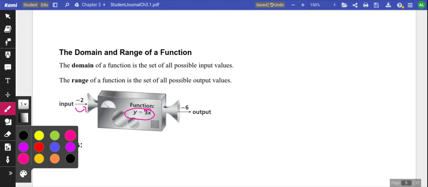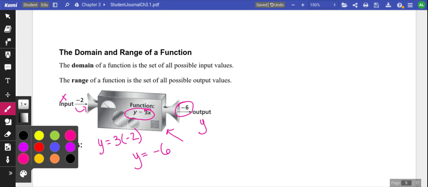So if I input, which is my x, -2, y equals 3x, so 3 times -2, y is going to be equal to -6. My output is -6. That's what I mean by these inputs and outputs.